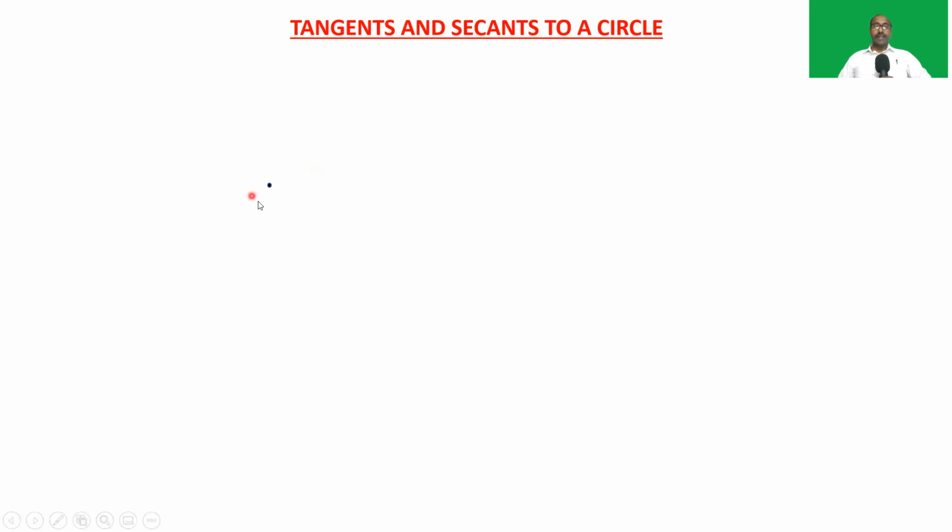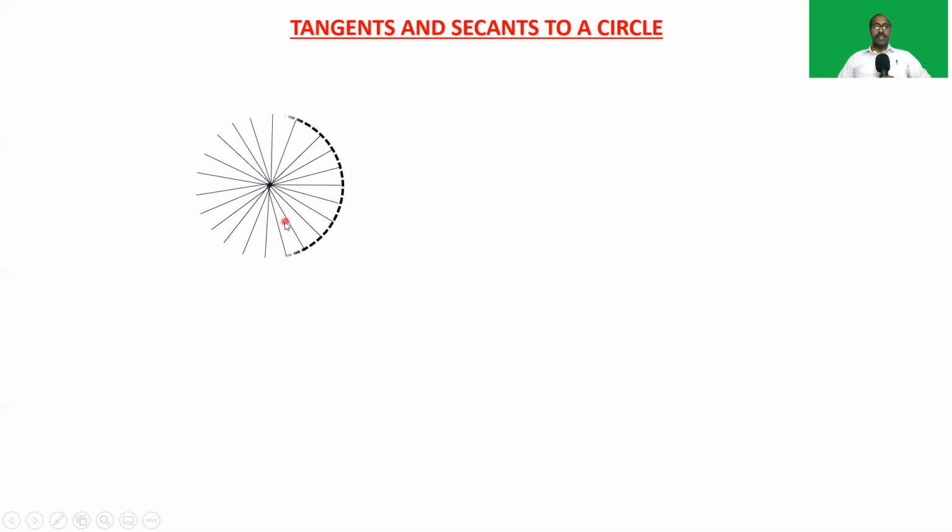Here we are looking at a point here, and now the set of all points from this point with a fixed distance is the circle.